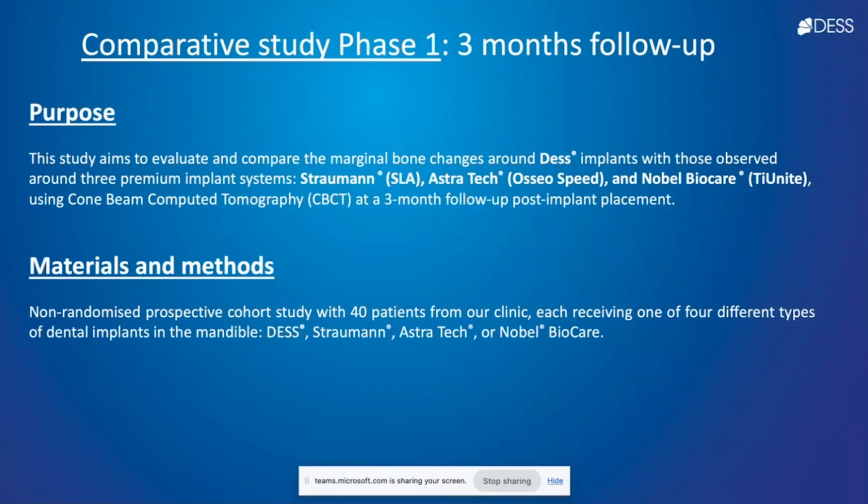So we're going through to the last part of our webinar today, which is research. As I mentioned, we believe in science, we believe in research, and we are always looking for the evidence base. Since this dental implant was launched, we started to conduct a research project, and our aim was to compare the amount of marginal bone loss of this dental implant and the other 3 premium implants in the market.